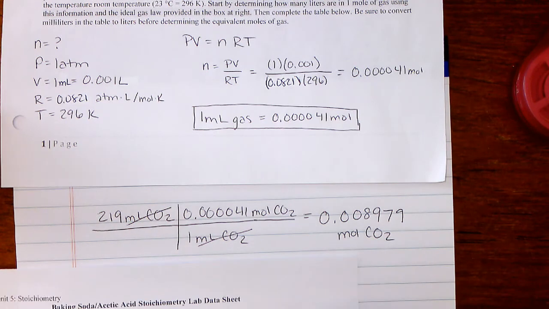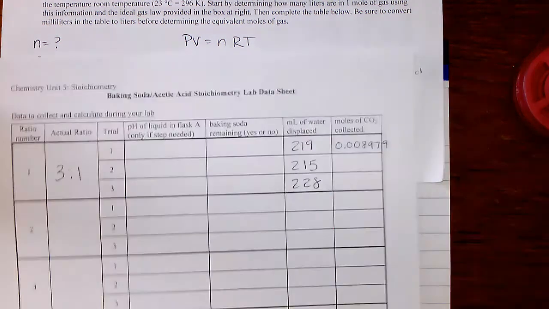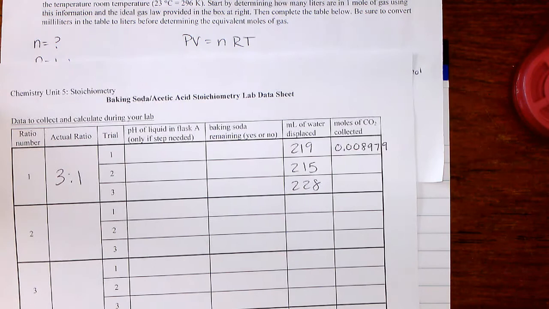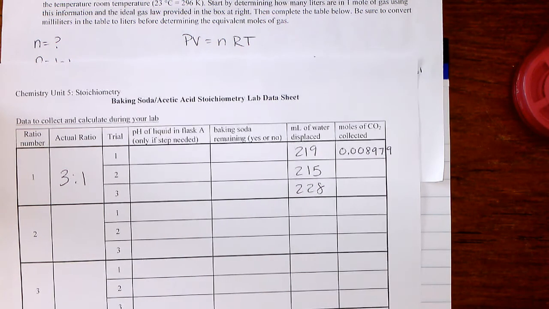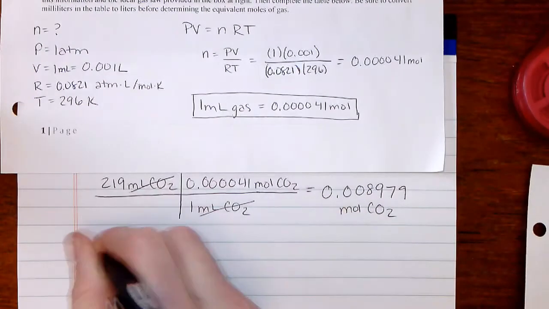You would set up all of these exactly the same way. And I'm leaving 4 digits on there as I'm writing this in my data table, just because I want to retain as many of those numbers until I'm doing my percent yield. So for the next one, it was 215.